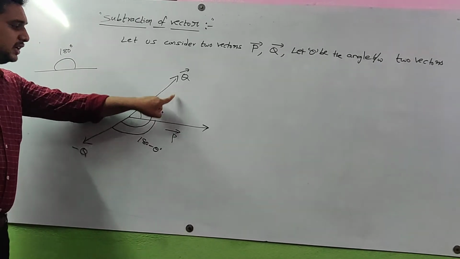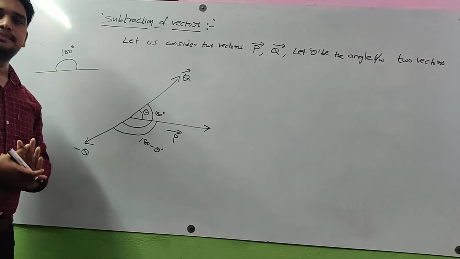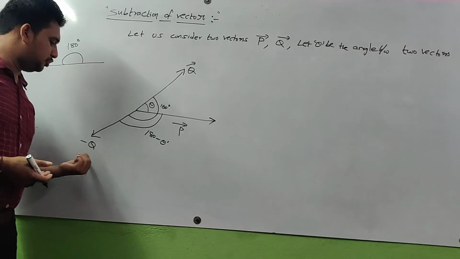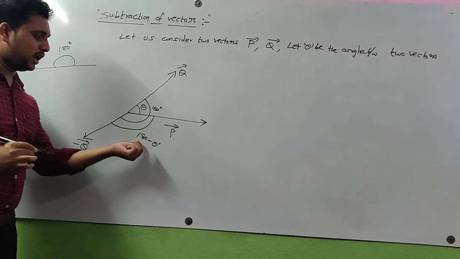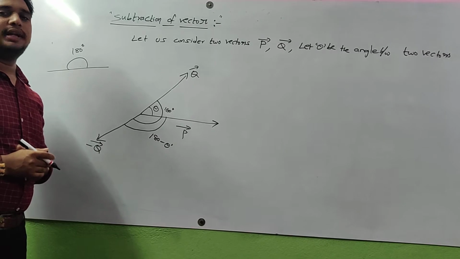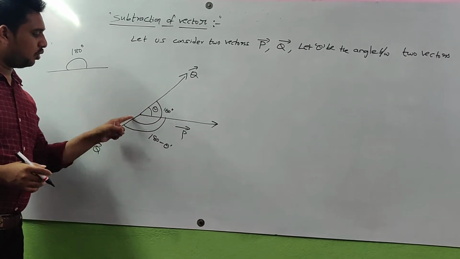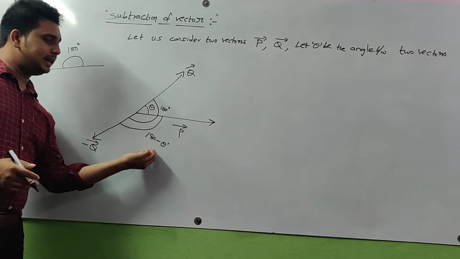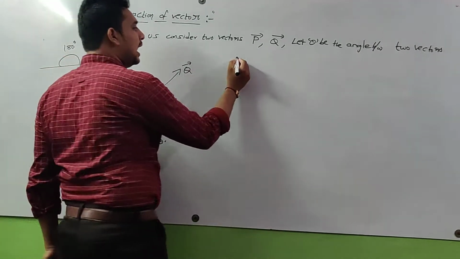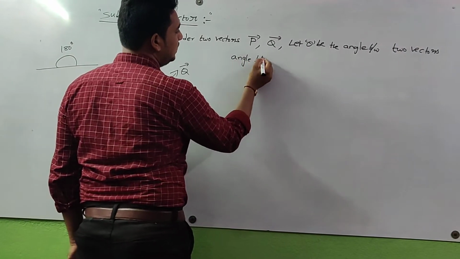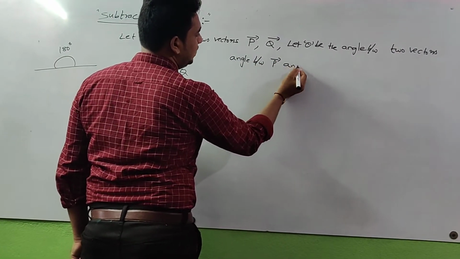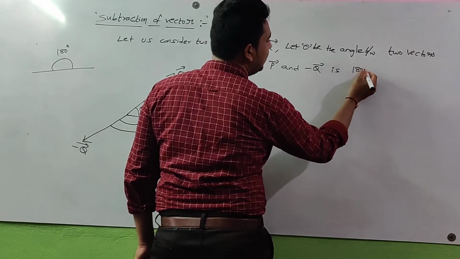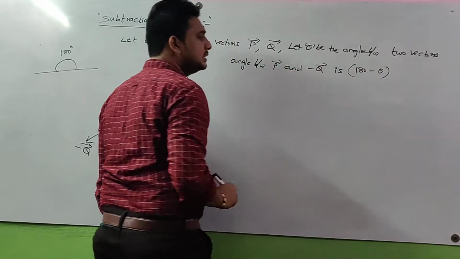The angle between p bar and q bar is theta degrees, and the angle between p bar and minus q bar is 180 minus theta degrees, because this total angle is equal to 180 degrees. That means the angle between p bar and minus q bar is 180 minus theta.